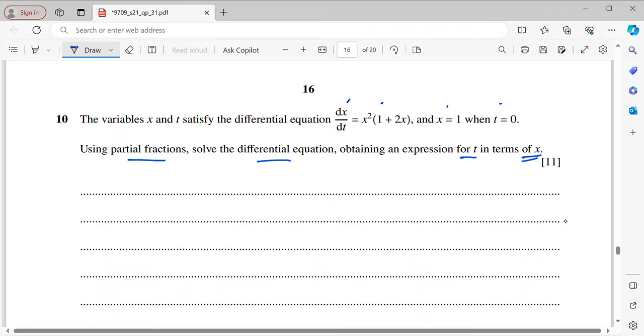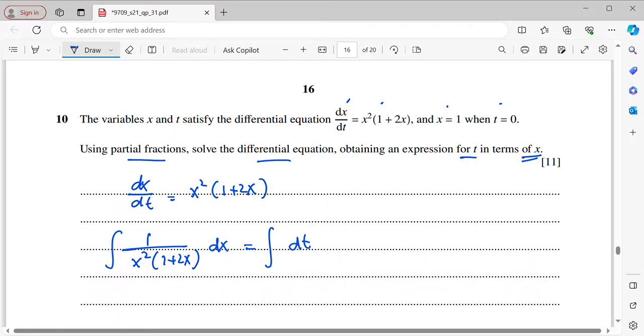Since your dx is the numerator, that means all the x should be on the left hand side. So I will move down the x squared and 1 plus 2x. It will be 1 over x squared bracket 1 plus 2x, then dx, and this dt will be moved to the other side. And now add on the integration sign. So this is what you need to solve.